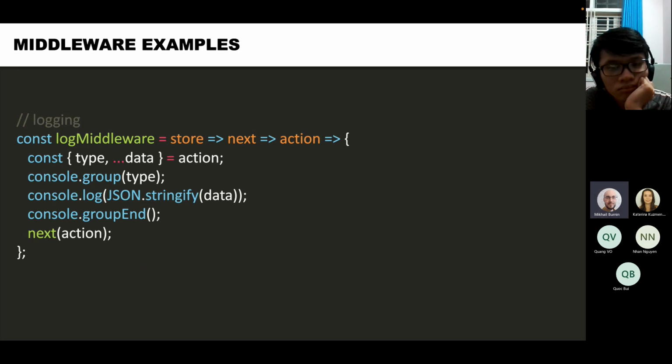For example, we want to save some data, and also want to log this action. We just put log middleware, and as it says, it's between trigger and state.